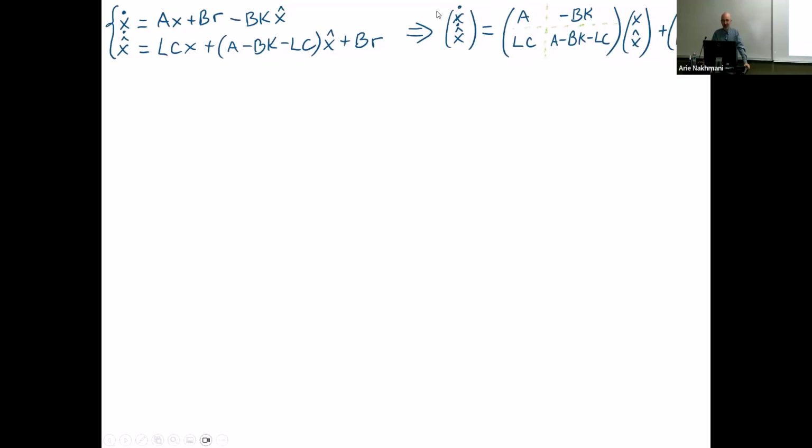I'm practically putting those two vectors together as a single long vector of size 2n by 1, one of order n and another of order n. Is it clear so far? Now I want to write that as some matrix times that vector plus some other matrix times input r equals the derivative of the same vector.